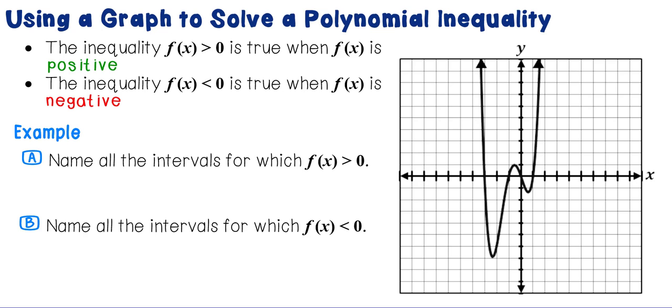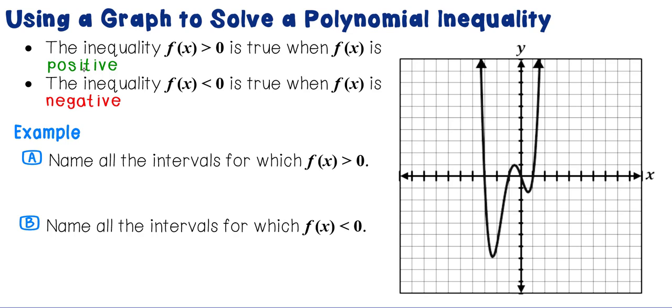So we're going to start off with using a graph to solve a polynomial inequality. Basically, the inequality is where the function f of x is either greater than 0 or less than 0 in this case. So f of x is greater than 0 is true when f of x is positive.